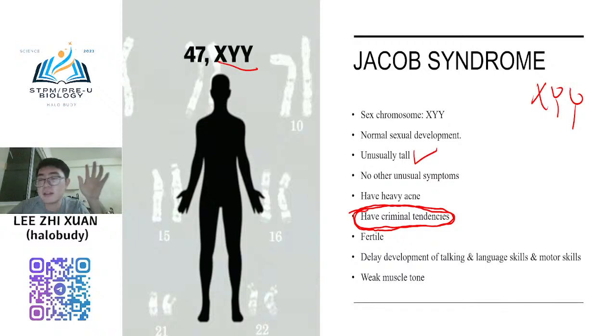Negara Eropah, they found that when they take the genetic sequence of those criminals, most of them with this XYY have a high probability to commit a crime, to buat penjenayah.